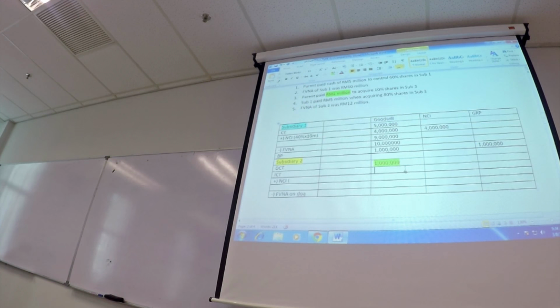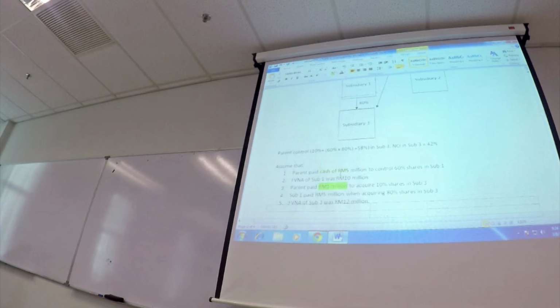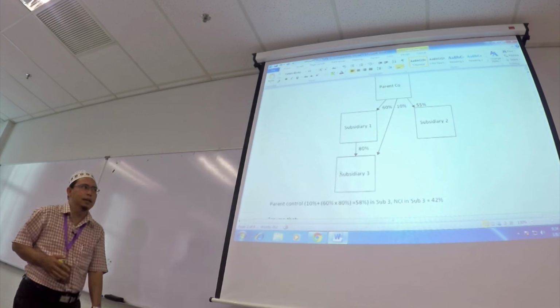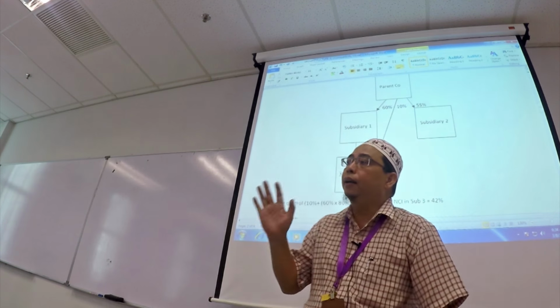Now the indirect. For the indirect consideration transferred, the total amount is 5 million. But when you calculate this goodwill, this is the goodwill that you calculate in the parent account.